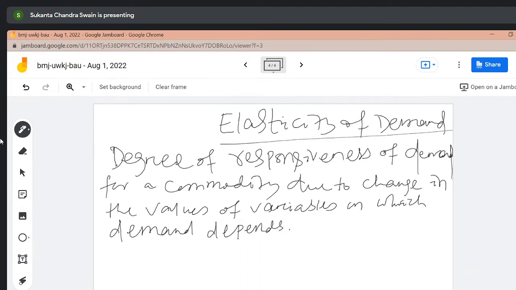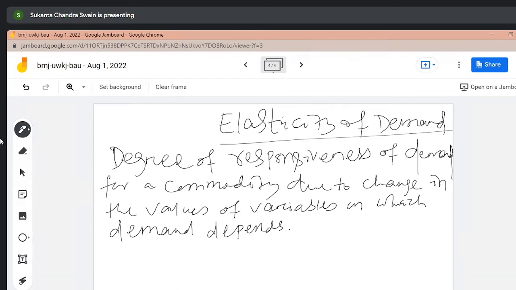So elastic demand can be defined as the degree of responsiveness of demand for a commodity due to change in the values of the variables on which demand depends. This is the definition of the concept of elastic demand.